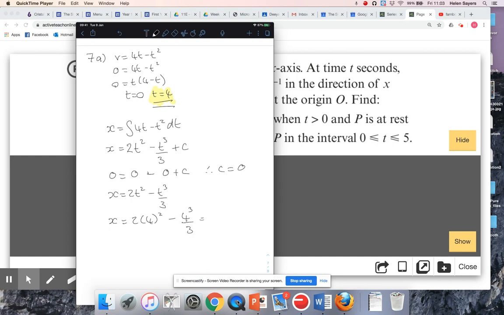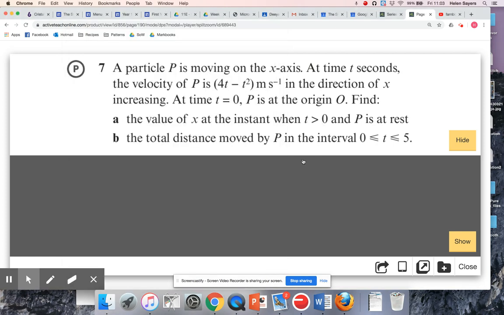Okay, so that's going to give me 32 minus 32 over 3... so that gives me 32 over 3 meters, or 10.7 meters.